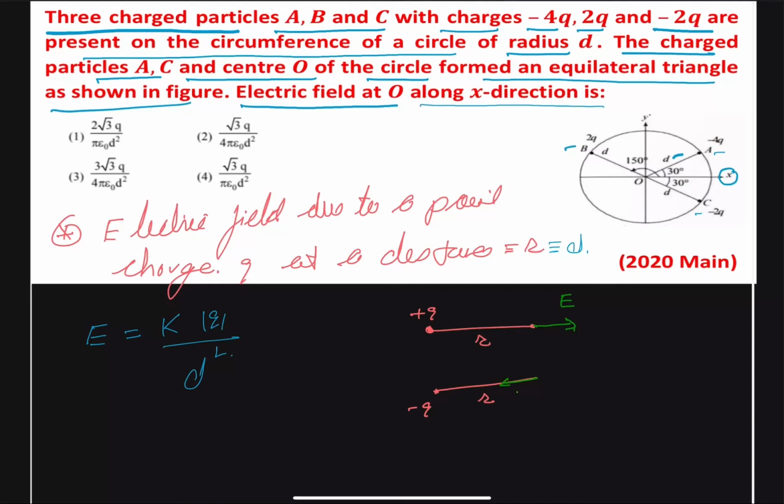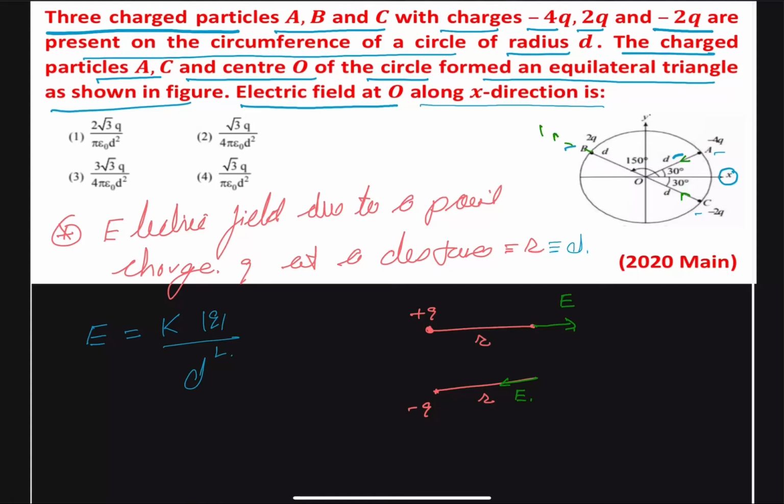We have to remember this. Therefore, for our charge at A, the electric field will be toward the center. Similarly for C, and for B, it will be away from the center.